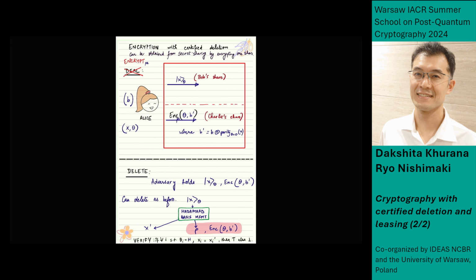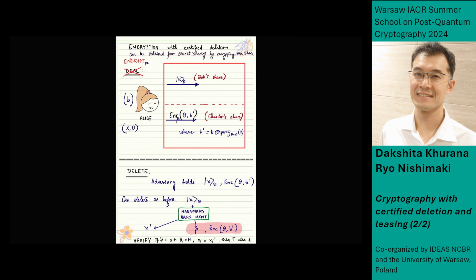Alice wants to encrypt bit B. So Alice chooses X and theta and generates the BB84 state. And she also generates a ciphertext of theta and B prime. B prime is B XOR the parity of X. So she masks bit B by using the parity of X.